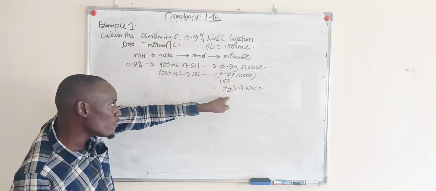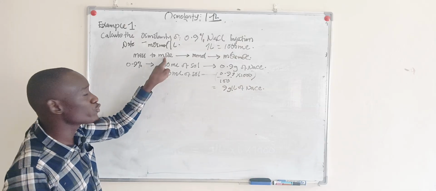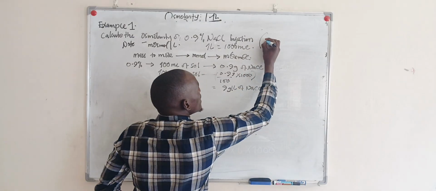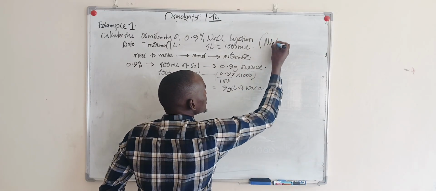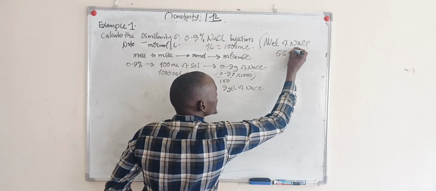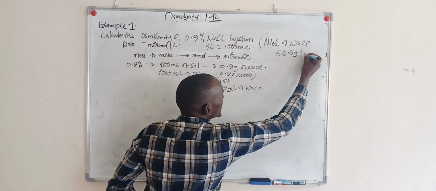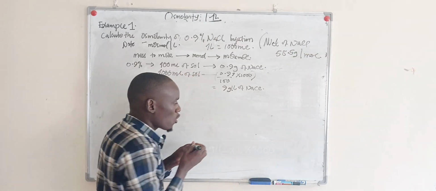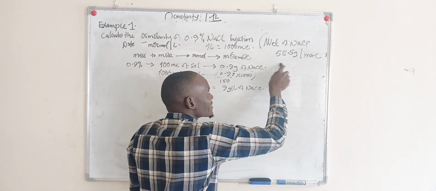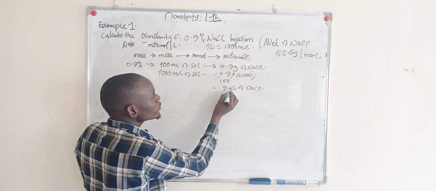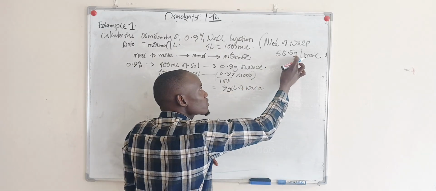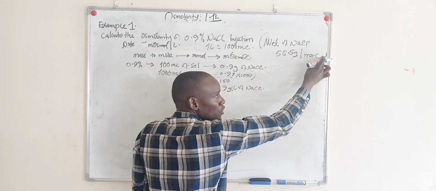We now need to convert the mass into moles. We know that the molecular weight of sodium chloride is 58.5 grams per mole. What we know is the mass, we have the molecular weight in grams per mole, and what we want is the moles.